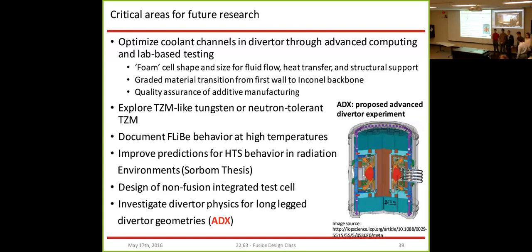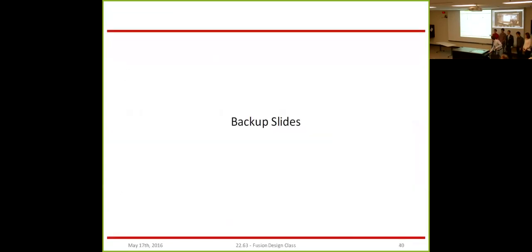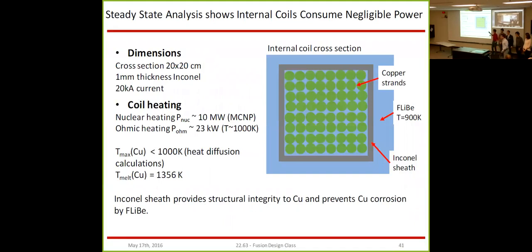The copper at that high temperature is not structural, so the Inconel is giving it structure. That's the design that we have for this copper coil. For each of them, we have a sheath of Inconel, 1 millimeter, and then strands of copper. The sheath of Inconel is for structural support, basically.